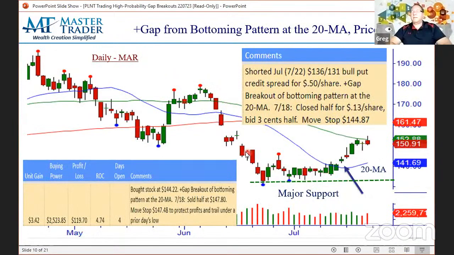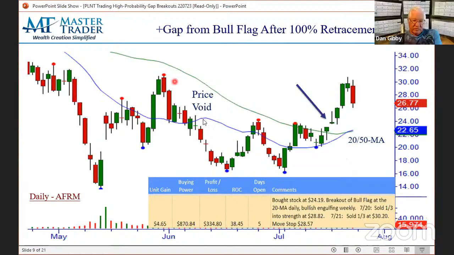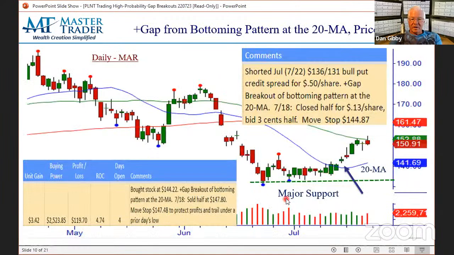And that had a void. Every one of these has a void. Yeah, absolutely. Bottoming pattern. Marriott, we did this on a couple of these hotels. And so this one, we actually did both. We bought the stock, and here's what it is, a gap breakout of a bottoming pattern at the 20 MA.